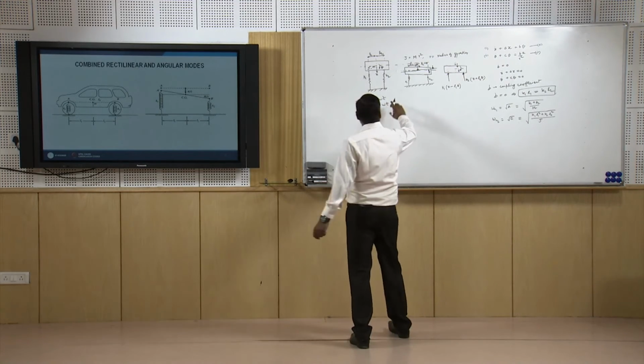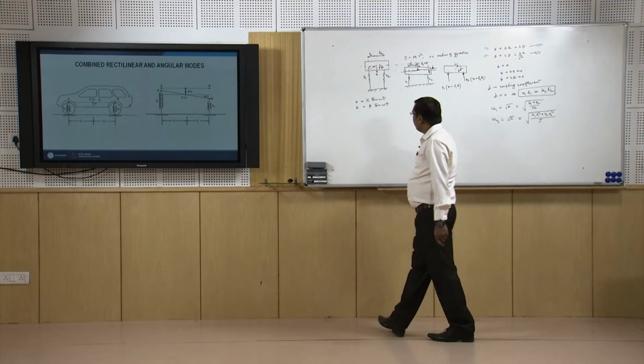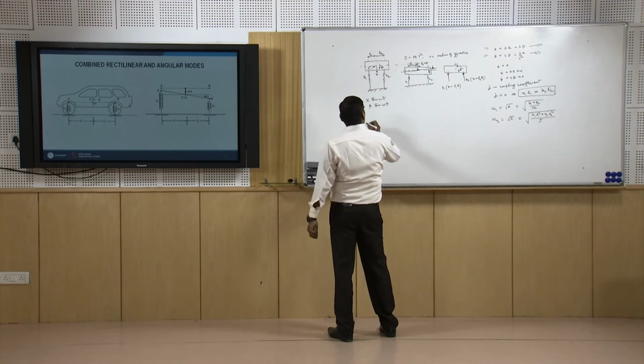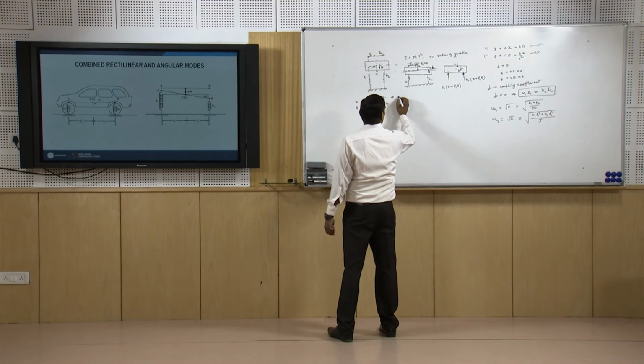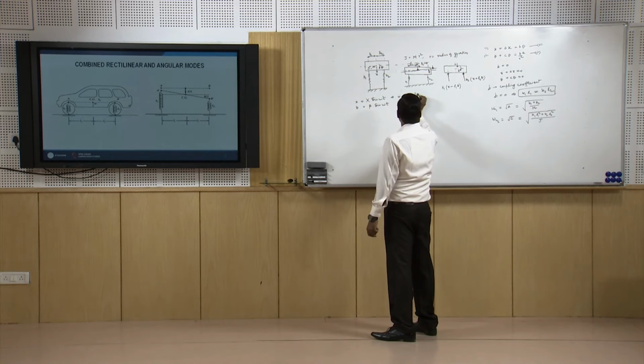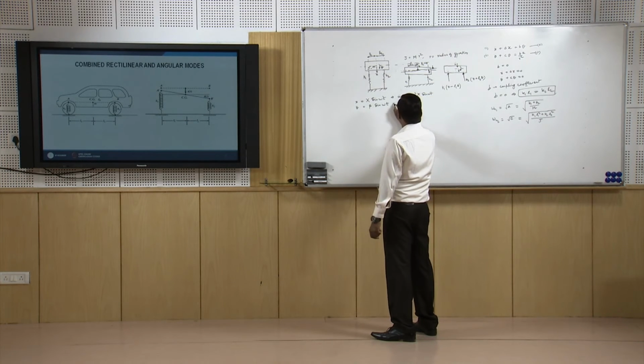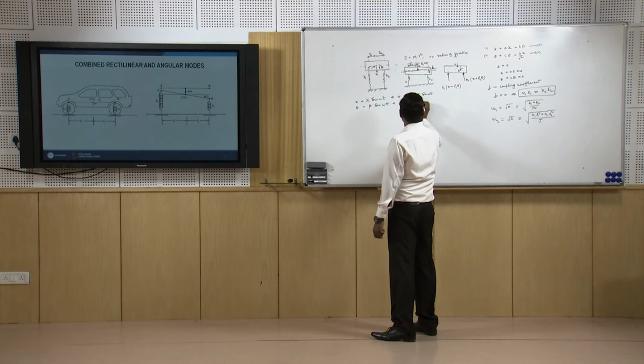Now we put these values in equations 3 and 4. So x double dot equals minus omega square X sin omega t, and theta double dot equals minus omega square beta sin omega t.